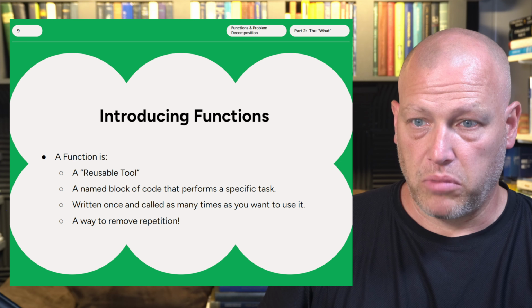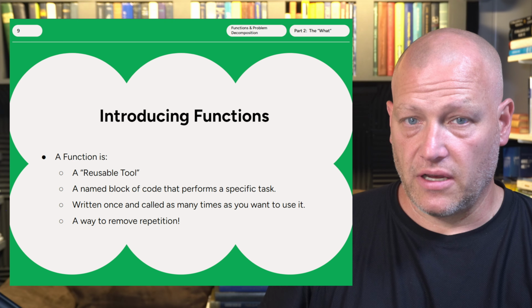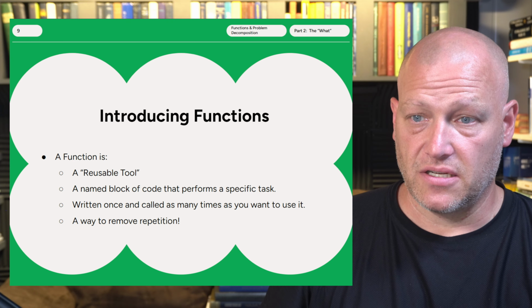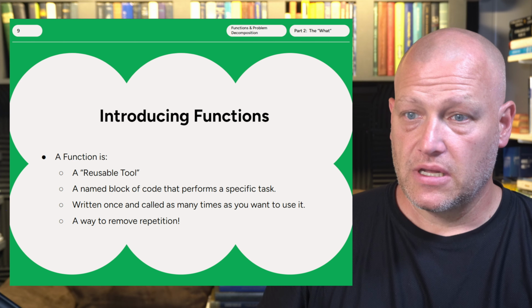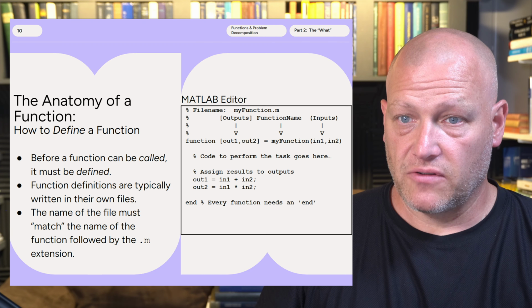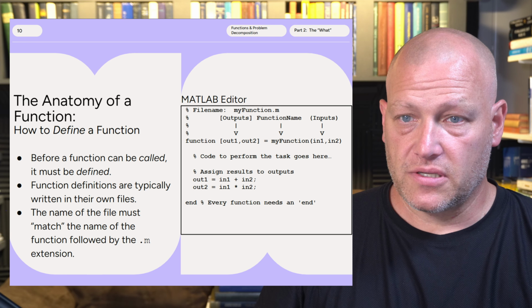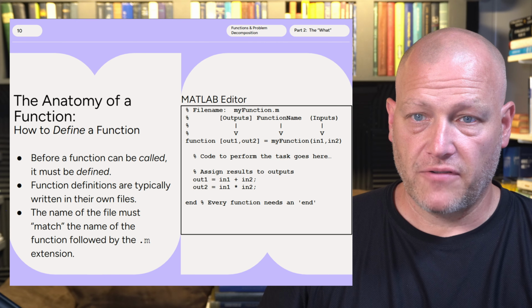So if you recall, these functions are blocks of code that have names associated with them, and they have a specific task that they're intended to do. We write them once and use them many times, and they're reusable. In the case of the example here, you'll notice that at the top we have a little comment that says file name myfunction.m.